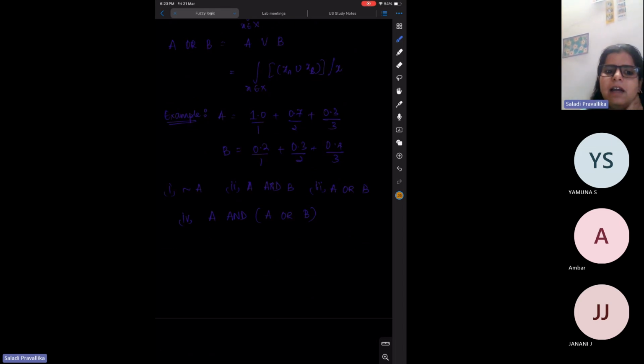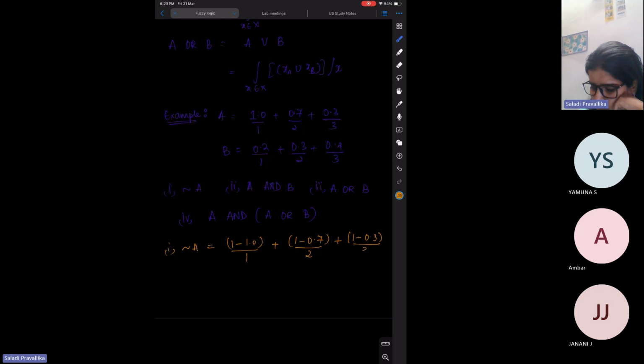So here I have given two fuzzy sets, A and B. The first thing I want you all to do is find the complement of A. Let's do it together. The complement of A is 1 minus 1.0 for given 1, plus 1 minus 0.7 for given 2, plus 1 minus 0.3 for given 3.